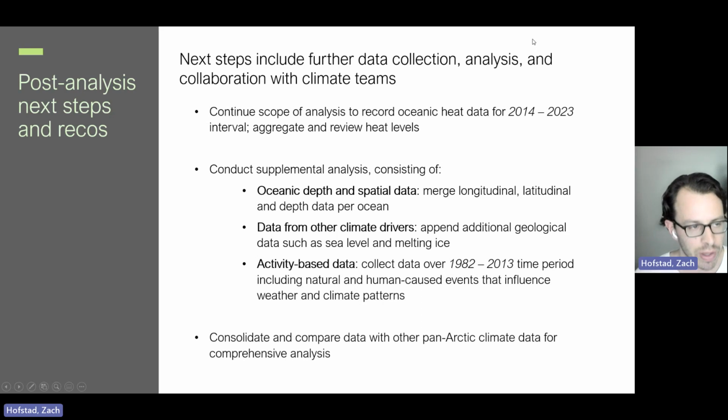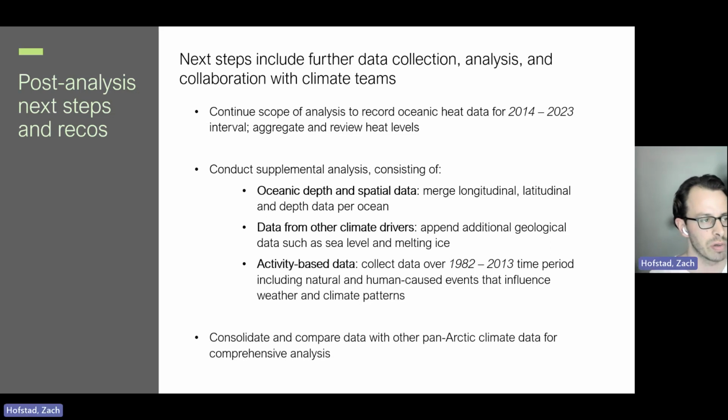So now that we understand that the heat levels are rising over time for the three oceans, the next step is to attach that quantifiable data with additional data that could correlate rising heat levels of the oceans with the deteriorating characteristic of the Pan-Arctic tundra.